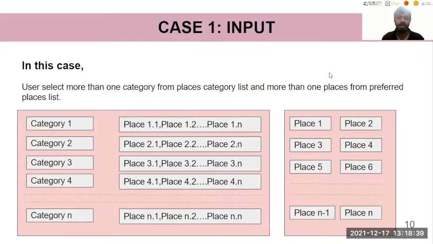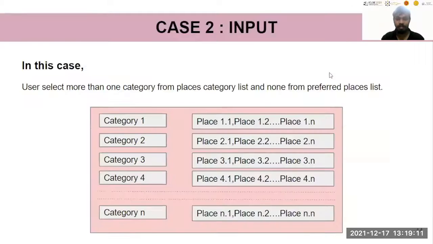In case 1, the user can input a few of the categories and also a few of the places. Categories can be beach sites, historical places, religious places, mountains, or the like. In places, he can specifically select Kandy, Arugambe, Hikkaduwa, or any other place.